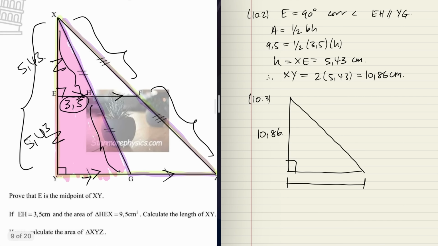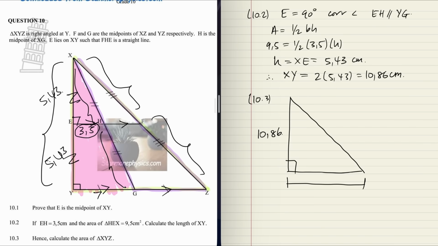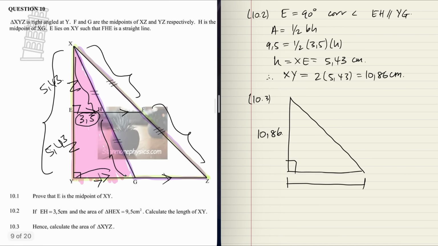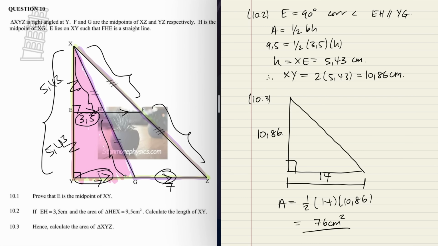Then they tell us here that YG is equal to GZ. So if that is 7, that's going to be 7. So this is going to be 14. So now we can calculate the area. The area is equal to half of 14 times 10.86, and that's going to equal 76 centimeters squared.